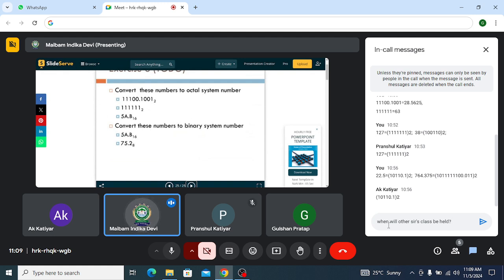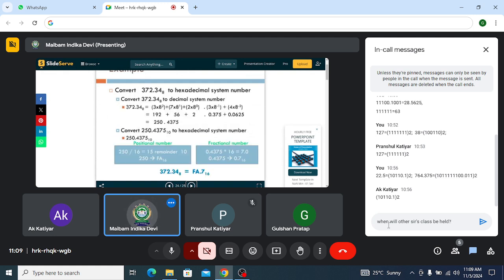For today you convert through this process: first to decimal and then to hexadecimal. Another process is also available through binary. I will tell that tomorrow so that you don't get confused. I'm telling you over and over again to practice. Okay, ma'am.